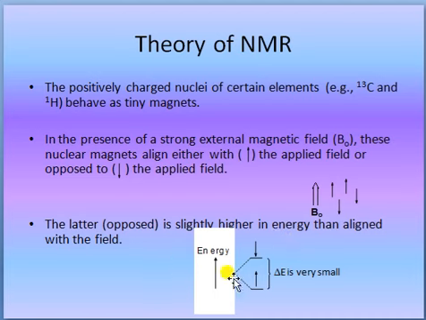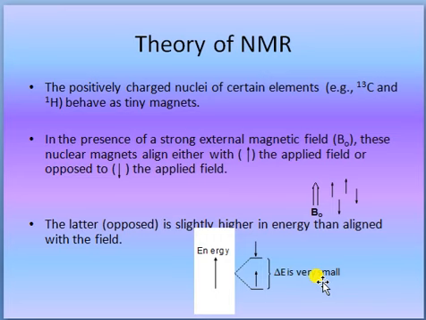So we can divide the energy levels into two. This is with the magnetic field, and this is opposite to the magnetic field. This difference, delta E, is very small. As we know, NMR absorbs a very small amount of energy, that is radio frequency.